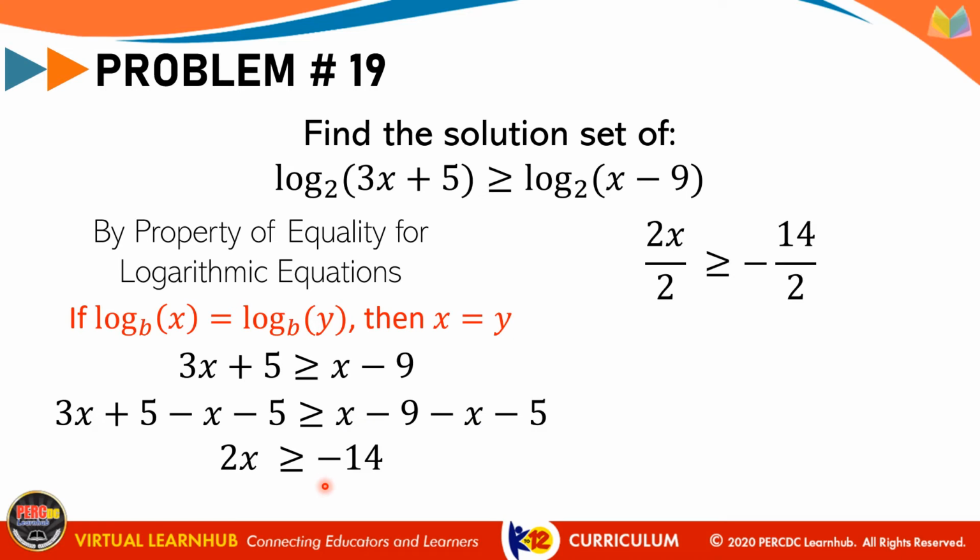Dividing both sides by 2, we will have x is greater than or equal to negative 7. Or, in other words, from negative 7 to positive infinity.